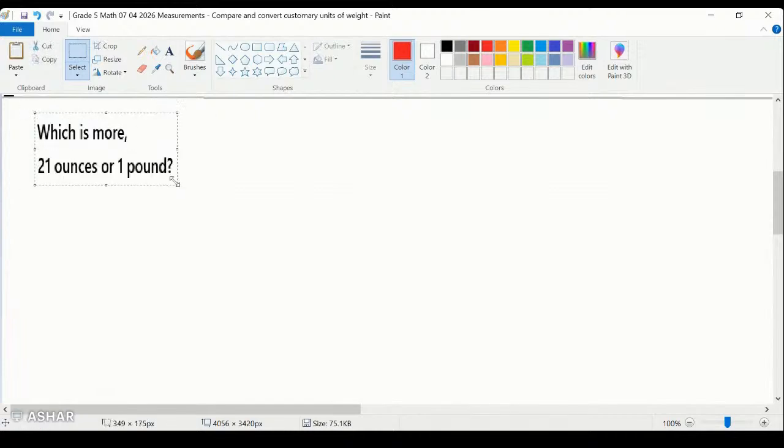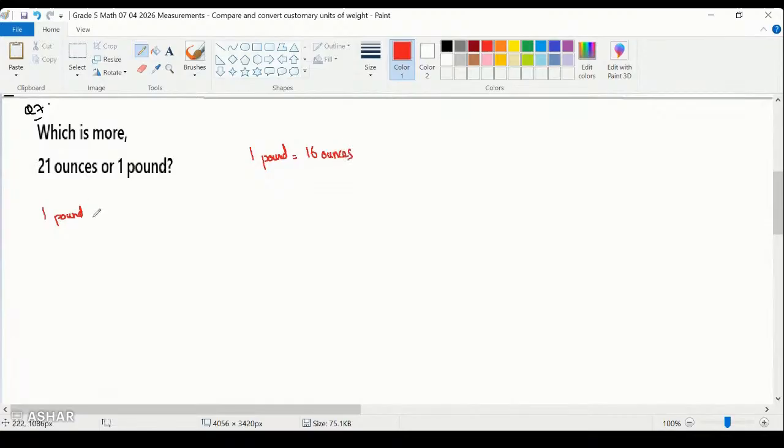We know the conversion that 1 pound was 16 ounces.